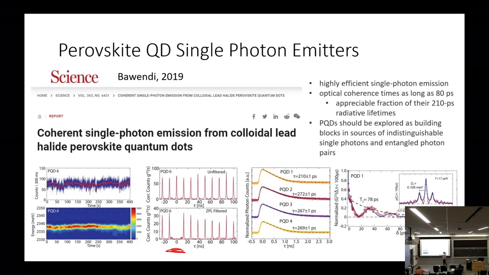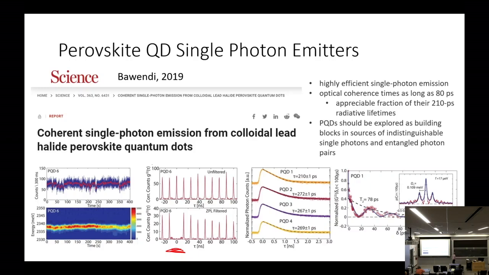So what they did in this plot is measure the radiative lifetime of individual quantum dots. You can see that they're like 270 picoseconds. They're pretty mono-exponential, meaning they just have one pathway for recombination.